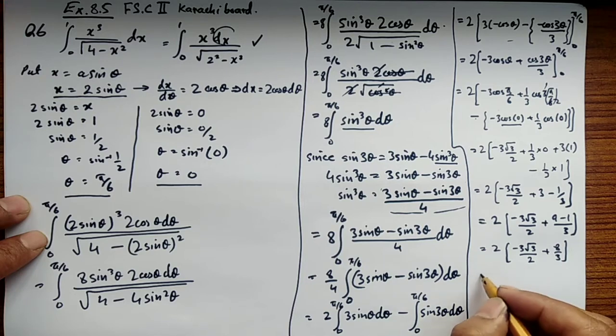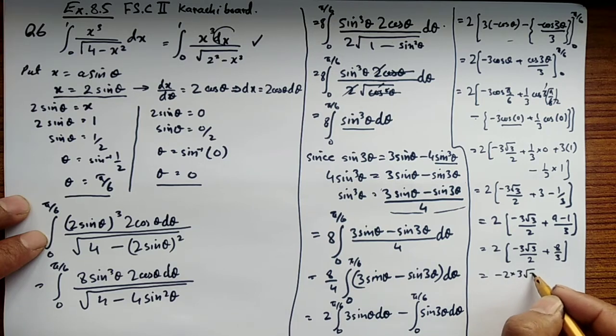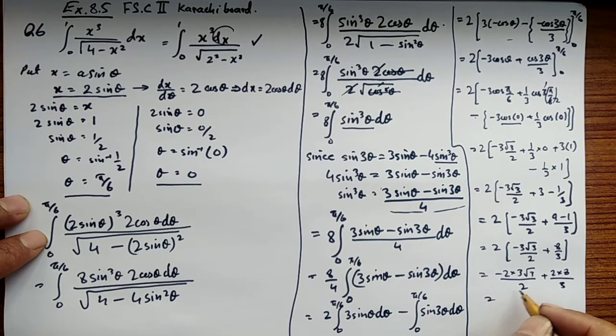So if you multiply 2 inside, minus 2 multiplied by 3 whole divided by 2, plus 2 into 8 upon 3, 2 into 2 cancels out, minus 3 whole 1 upon 3, that will be 1 here now, plus 16 upon 3.